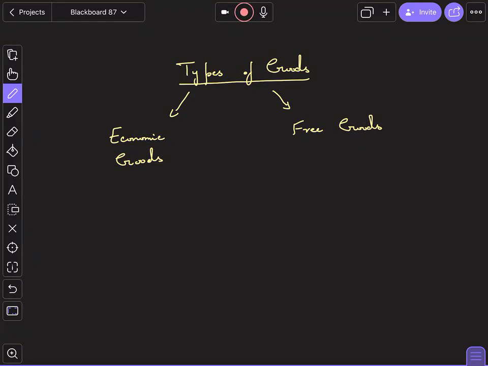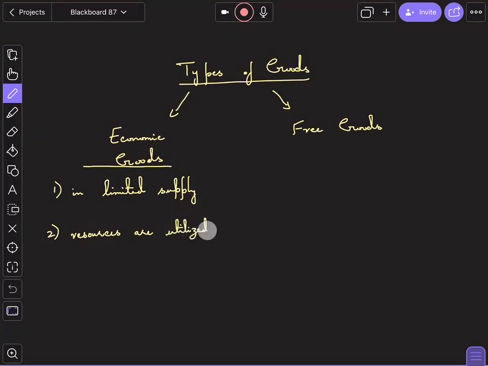So remember, economic goods are those that are in limited supply, and resources are utilized on the production of these goods. Whenever you are using your limited resources on the production of goods, they will be classified as economic goods.